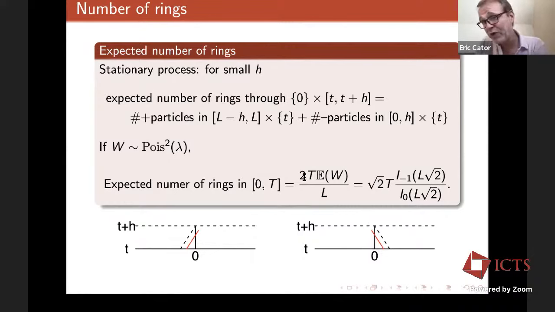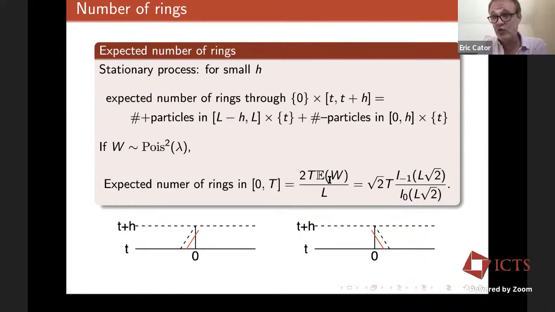For small L, it's also kind of interesting what happens there. If L is very, very small, it turns out that for small lambda, the expected value of W becomes 1 over lambda.